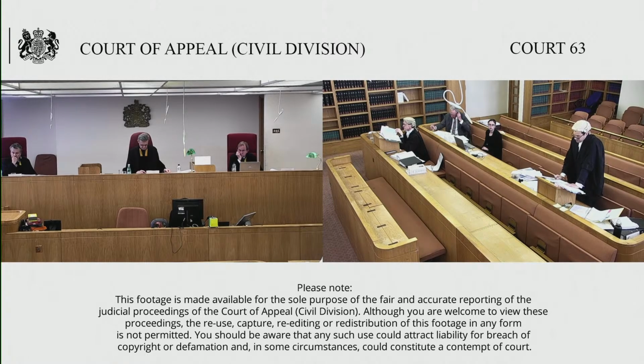But if a development for housing in the countryside does not fall under one of the criteria in policy 3, then policy 7 would provide that there should be no permission unless it falls into one of the criteria listed there. And if it doesn't, then in those circumstances, the proposal would not be supported by the development plan. It wouldn't be supported by either policy 3 or policy 7.